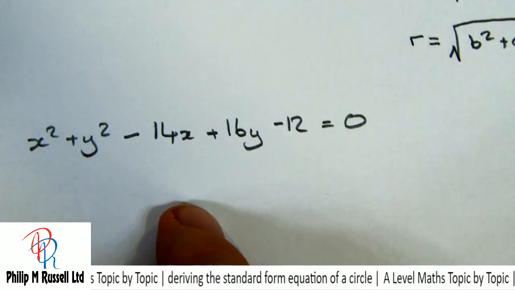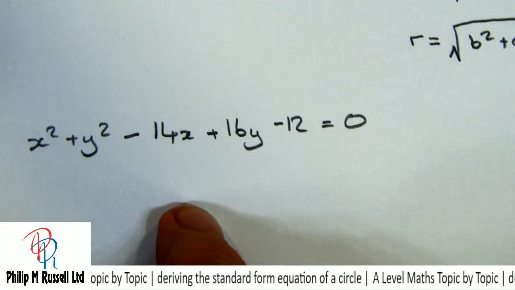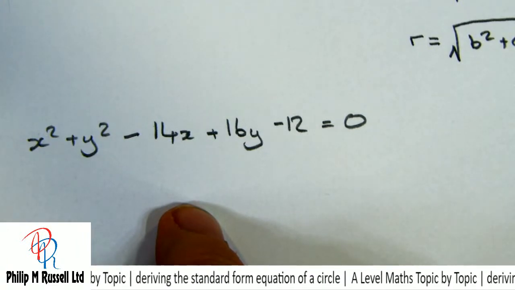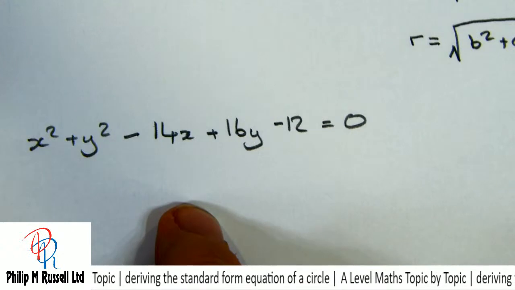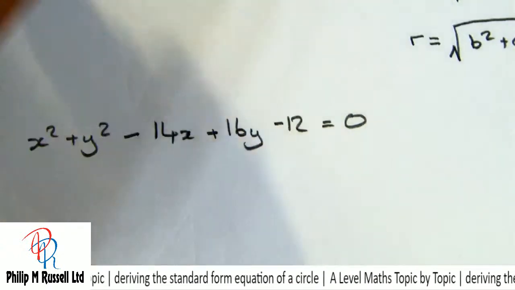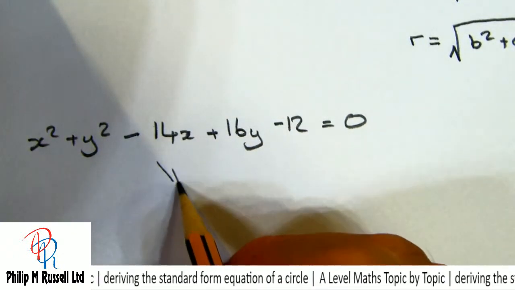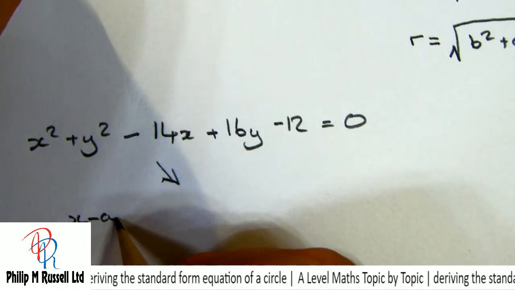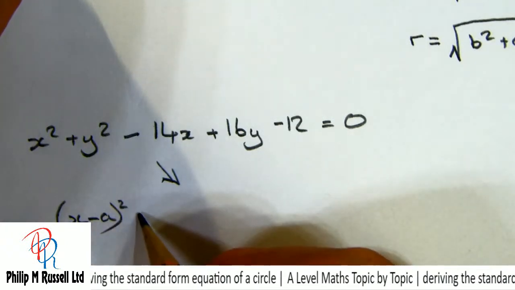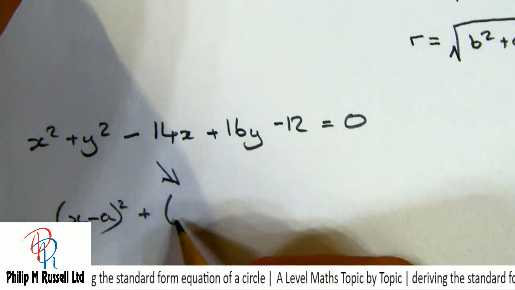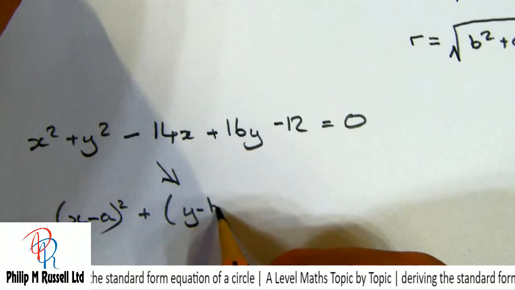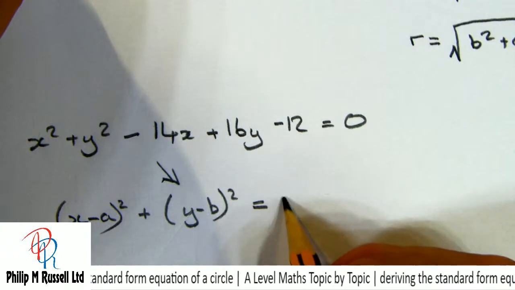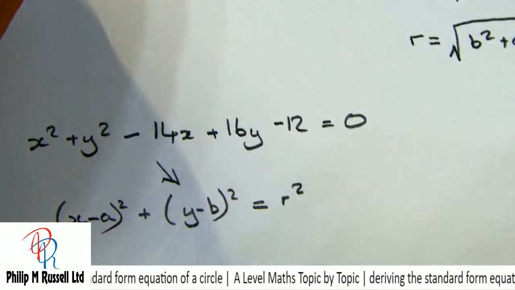Can we find the centre of this circle and the radius of this circle? What I need to try and do first is get this into the form of x minus a all squared plus y minus b all squared equaling r squared.